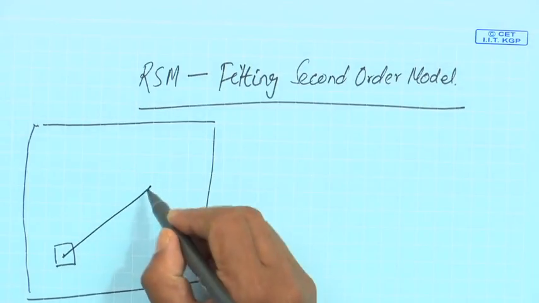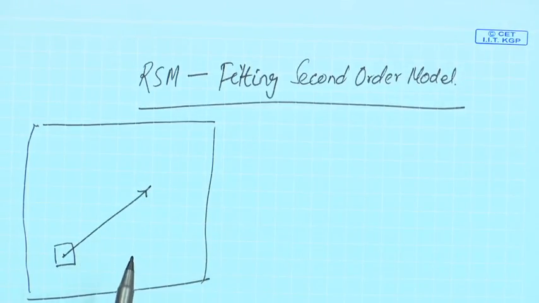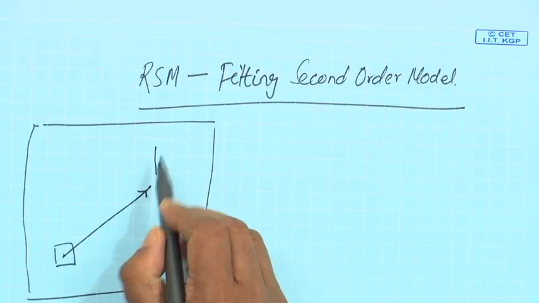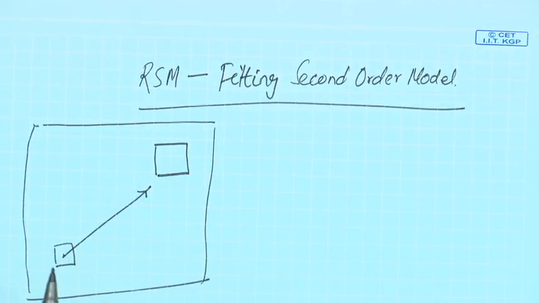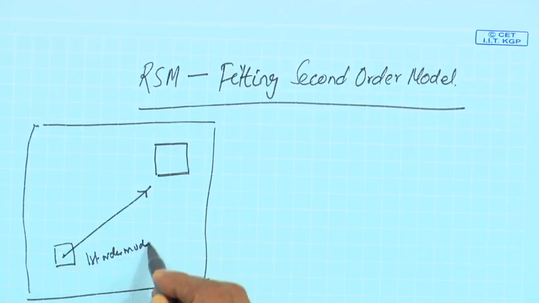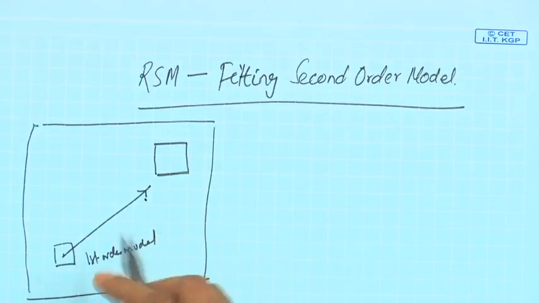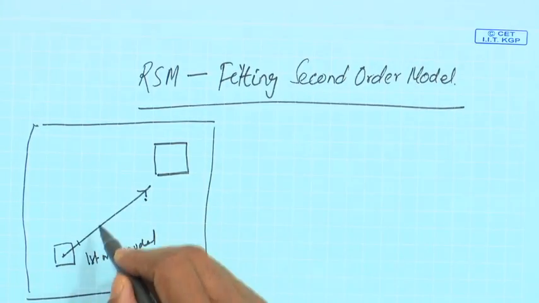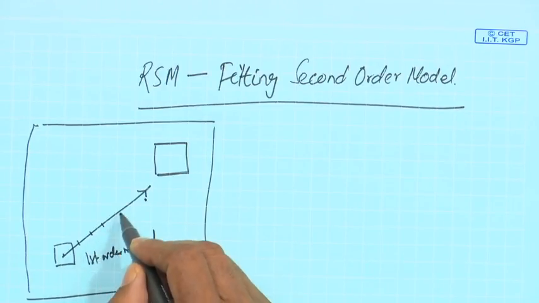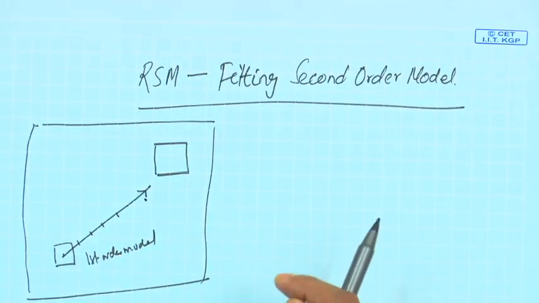Using the first order model, you get the direction of improvement, and then you do experiments one after another at different points.